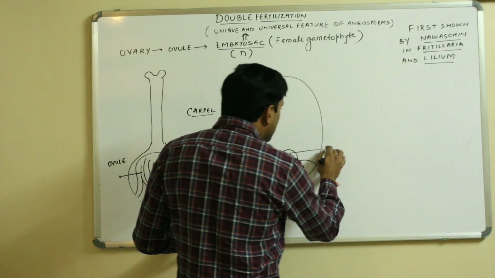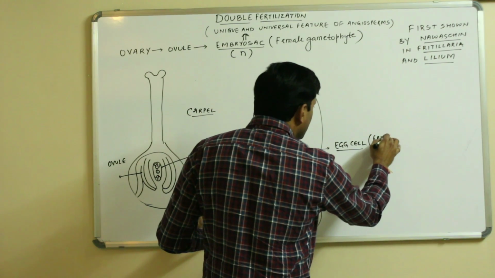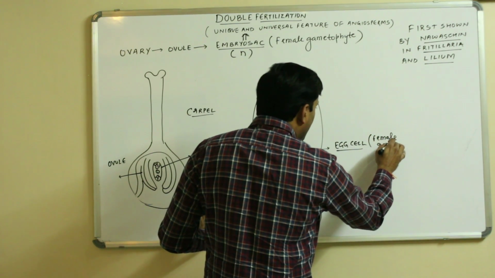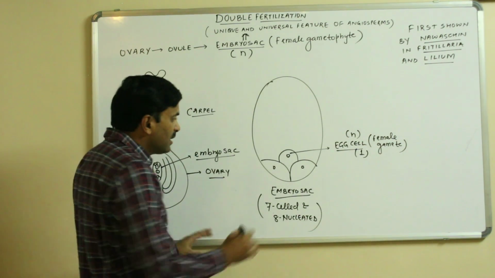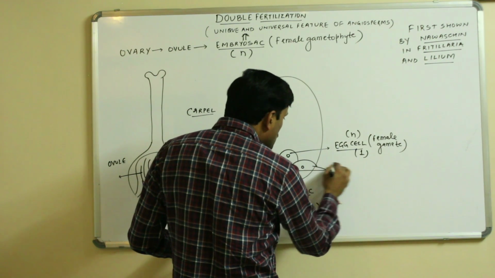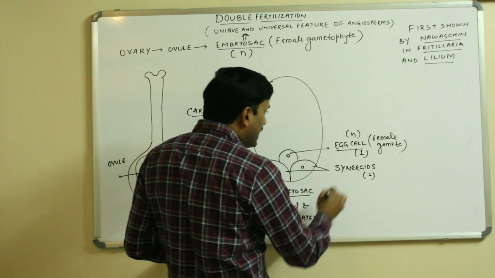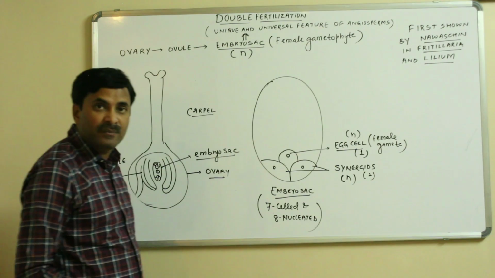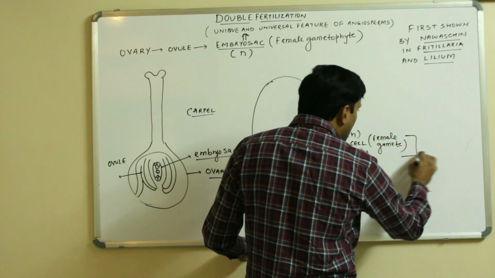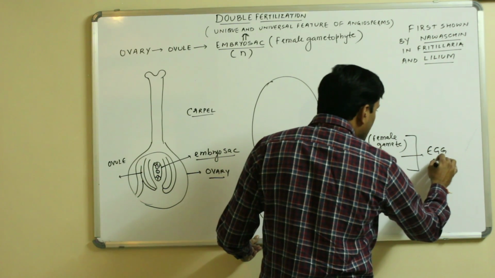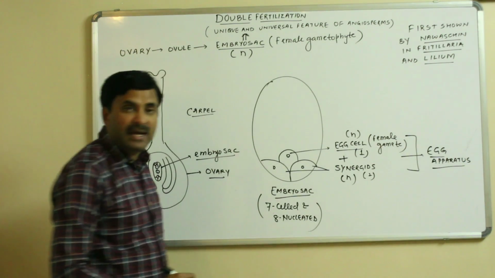This is the egg cell, which acts as the female gamete, and its ploidy level is n, its number is 1. And these two are the synergids, and their ploidy level is also n. One egg cell and 2 synergids together are called the egg apparatus.